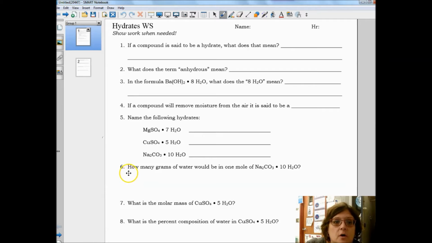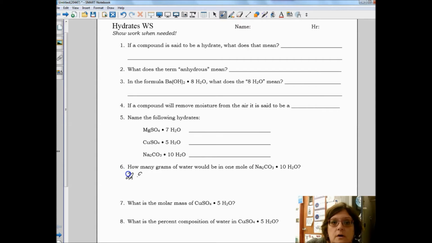For 1 mole of sodium carbonate decahydrate, you'd have 22.99 times 2 for your sodium, plus 12.01 for your carbon, plus 3 oxygens is 48, and then 10 waters. Each water is 18.016, so we would multiply that by 10.